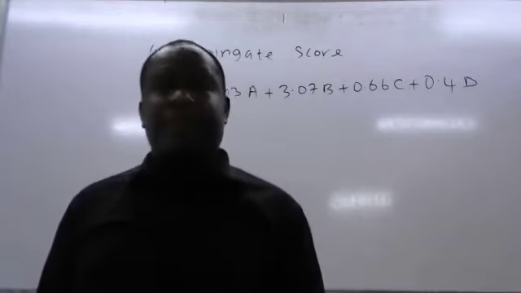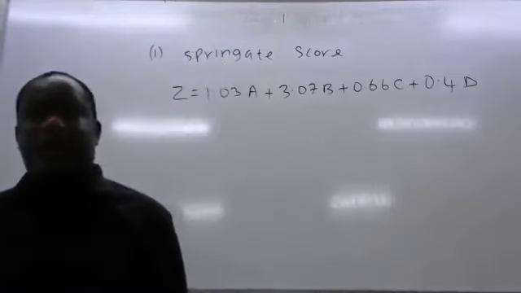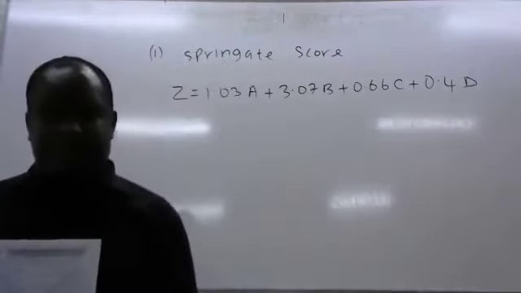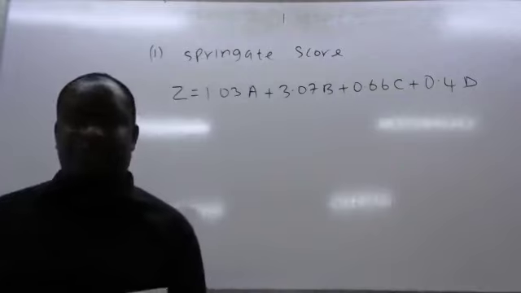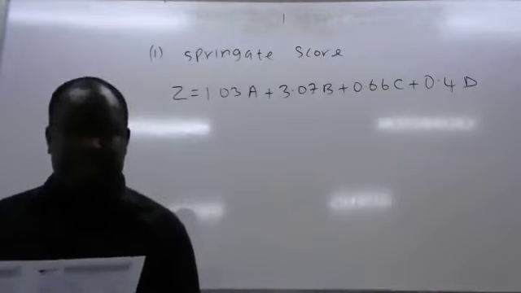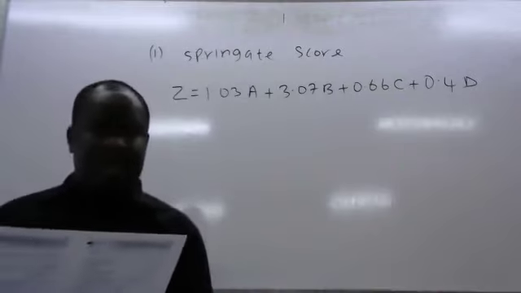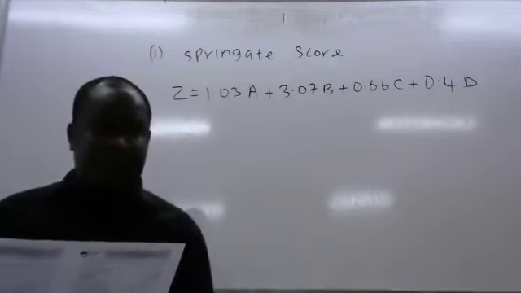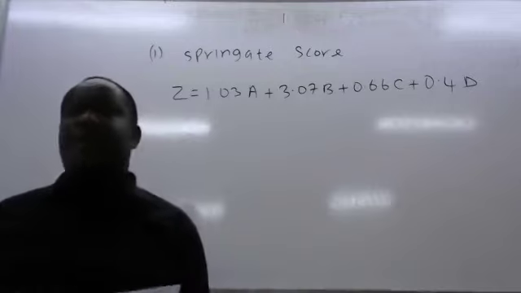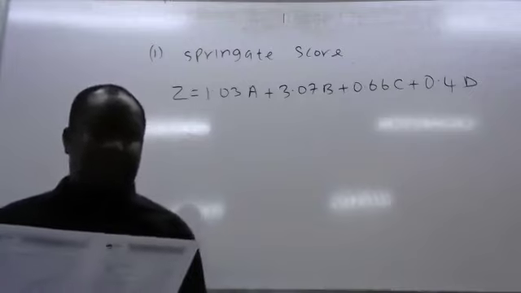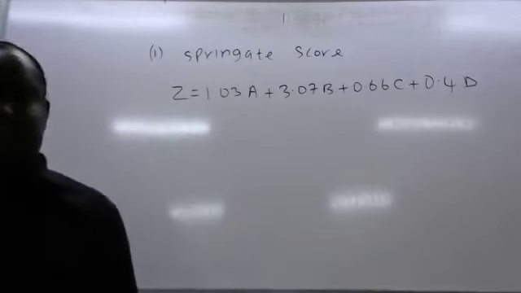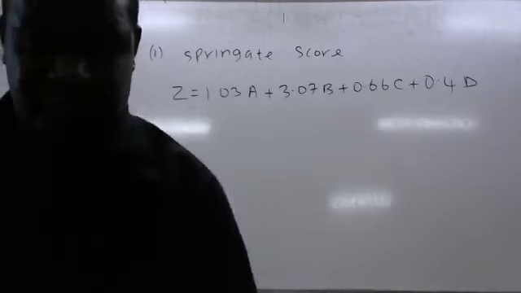Then B refers to earnings before interest and tax, also divided by the total assets. Then C is earnings before tax, divided by the current liabilities. Then D is the sales, divided by the total assets.